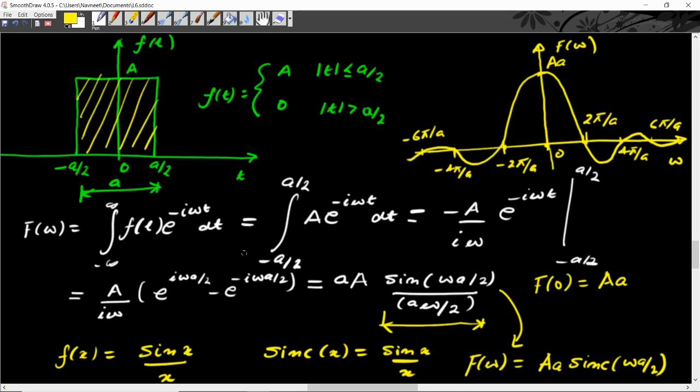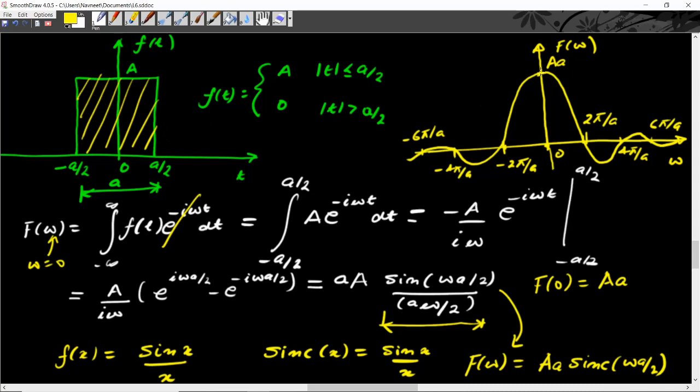And that's not a surprise, because if we substitute omega equals 0 in the definition of the Fourier transform, we will not have this particular term, and therefore we are left with an integral of the function over the whole time domain, minus infinity to infinity, and that corresponds to the area under the curve.